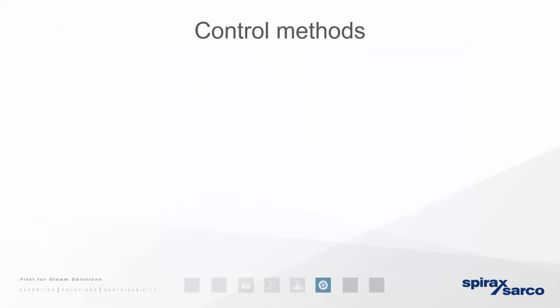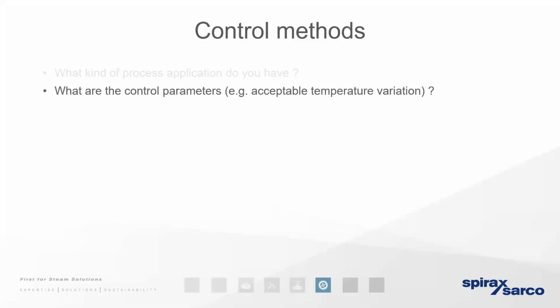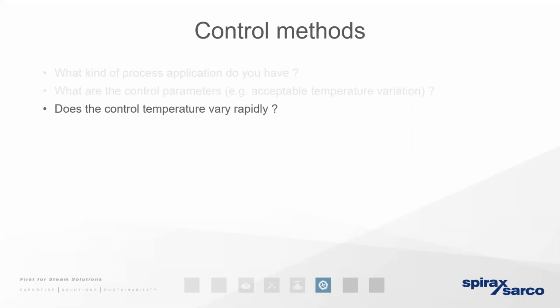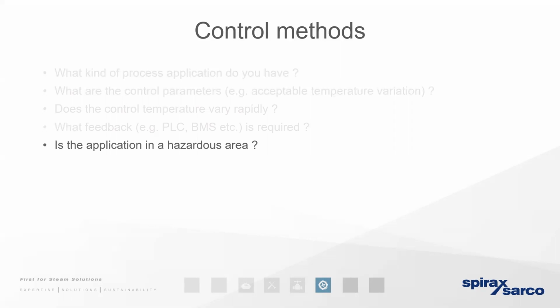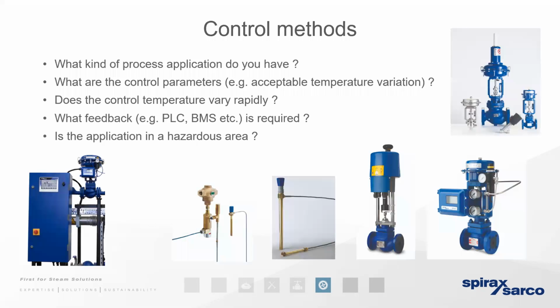So there are a number of control options we might use in order to release the energy in the steam. And there are a number of variables that we need to give thought to. That's going to point us in the right direction when it comes to deciding how we're going to control the steam. So for example, if we're in a hazardous area, or if we've got a slow and stable application, we could use self-acting controls.